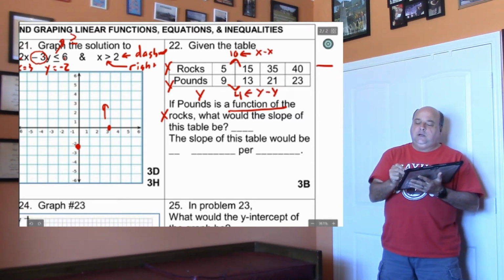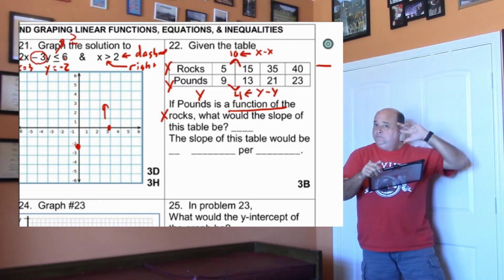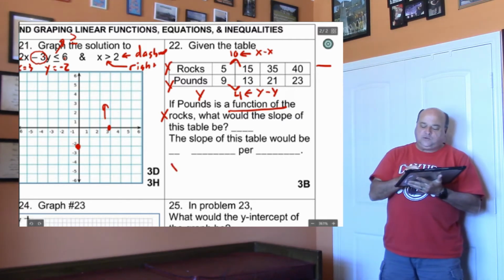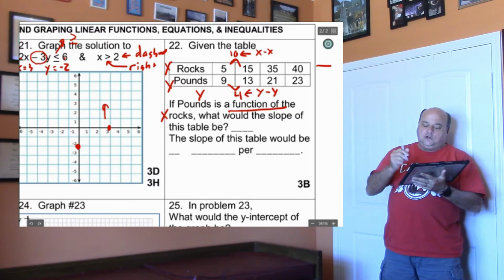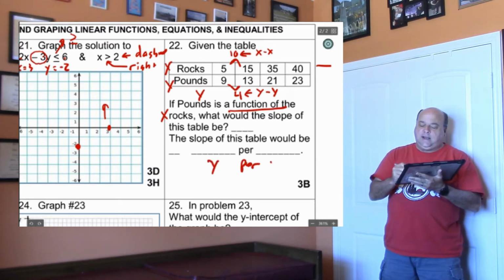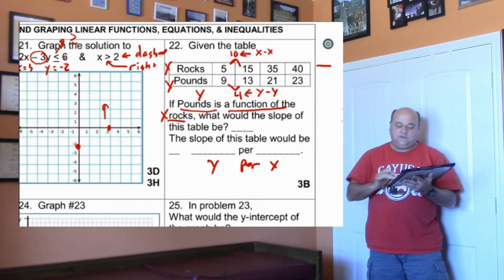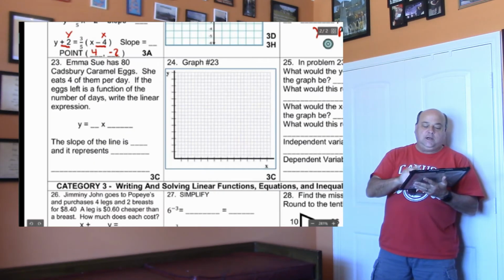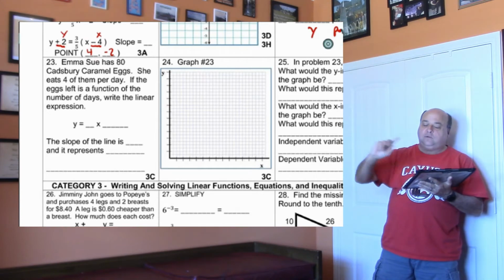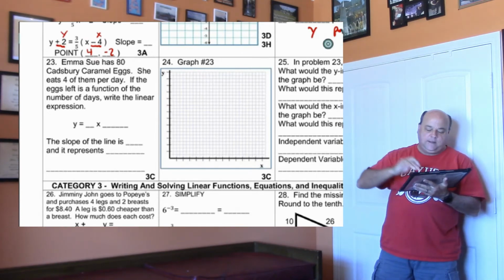That's what you're going to put in your slope fraction. Remember, your slope is y per x. This is your y, this is your x. You're going to put those words into the slope. You should easily be able to get 23, 24, 25. Y'all are doing wonderful on that.